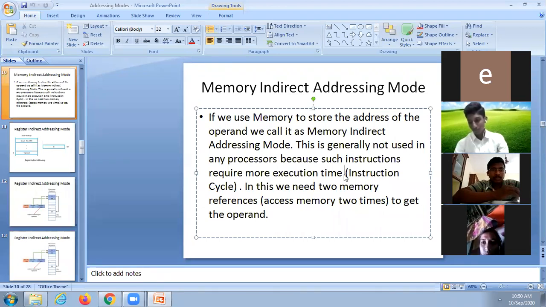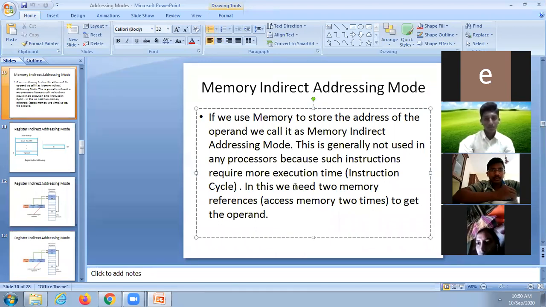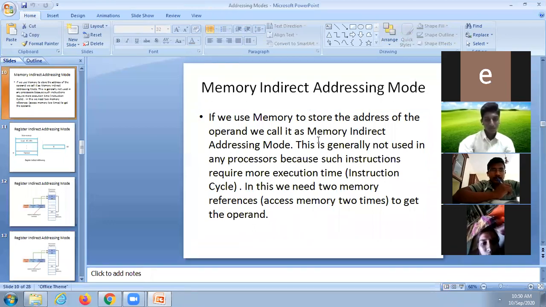That means memory has to be accessed 2 times to get the data. Because of this, it is not implemented in most processors. Only for the sake of understanding we are explaining this. This is the 10th slide. Any more doubt?